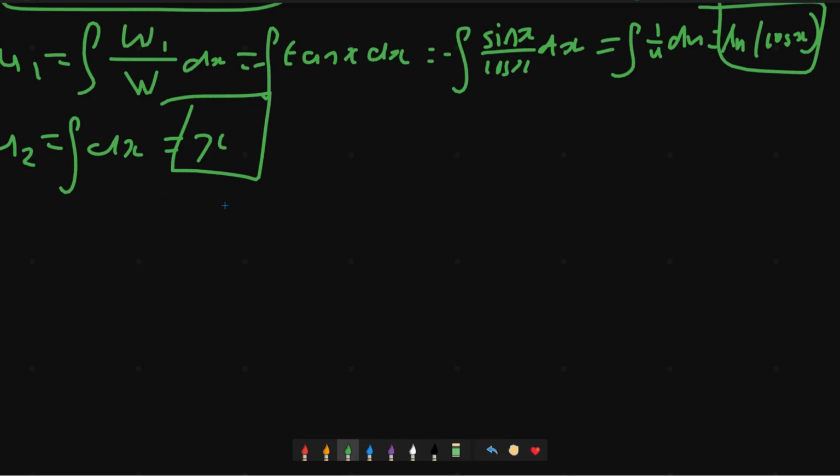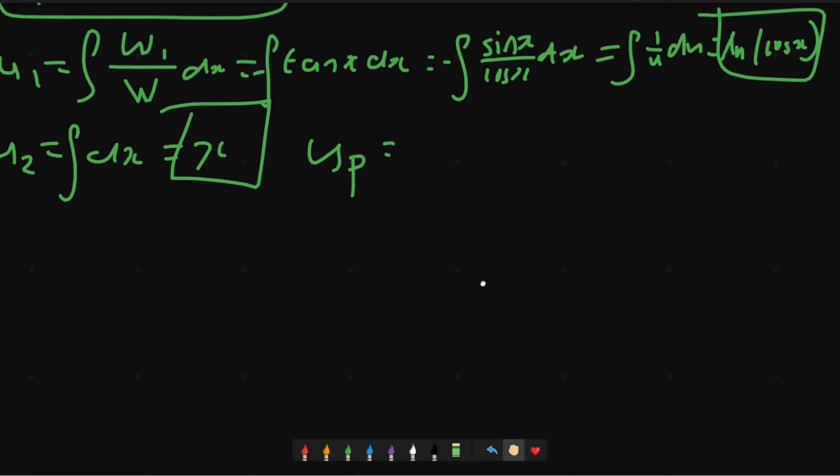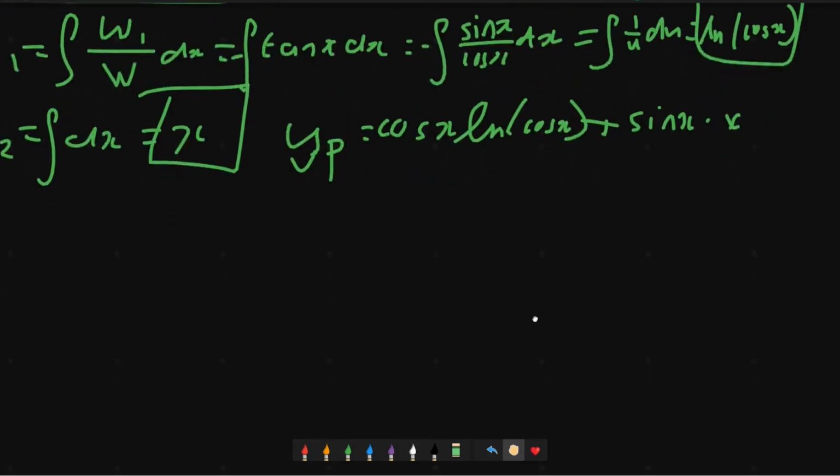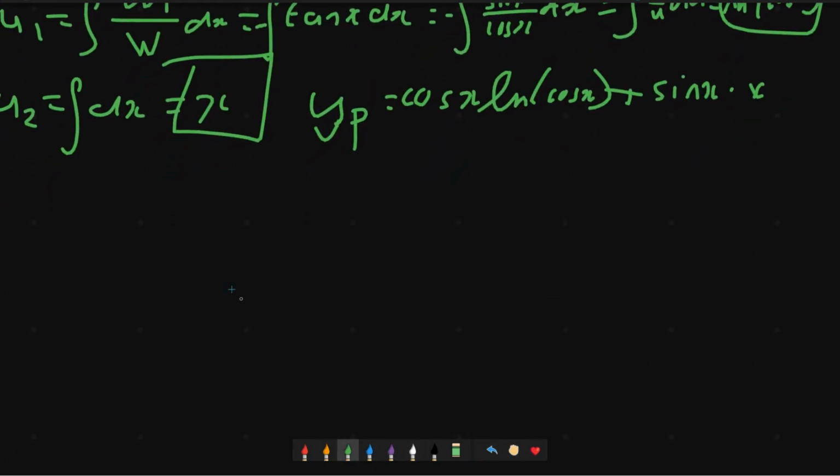So now we can say that our particular solution is y1, which I believe was cosine x, times the natural log of cosine x, plus y2, which is sine x, multiplied by x. Okay, so that's y of p. And now, for our general solution, y equals y sub c plus y sub p.